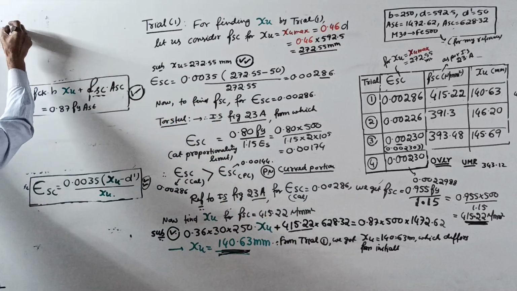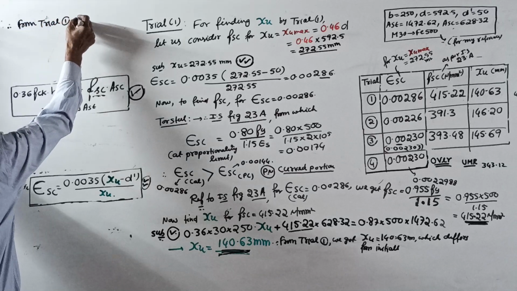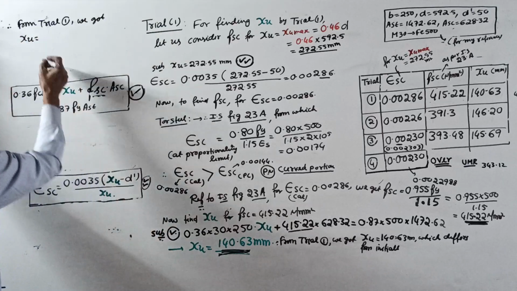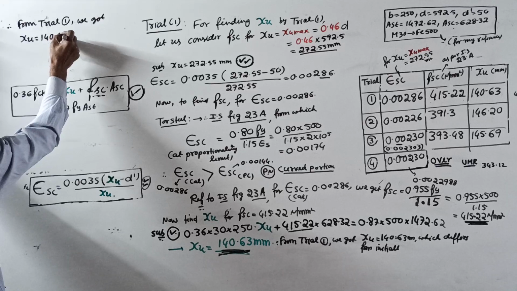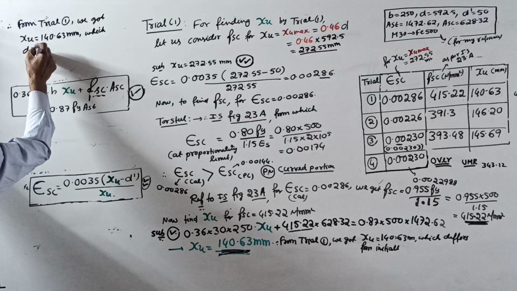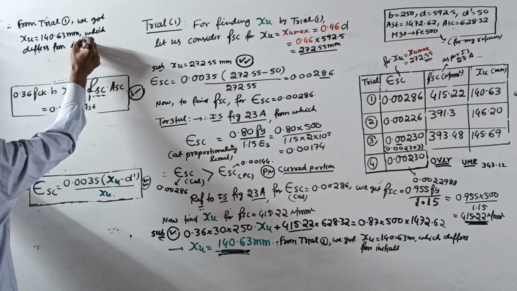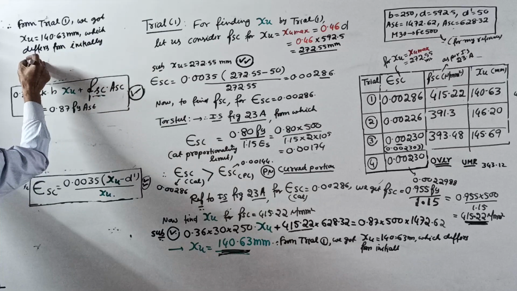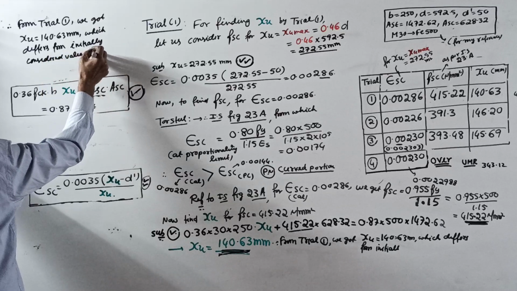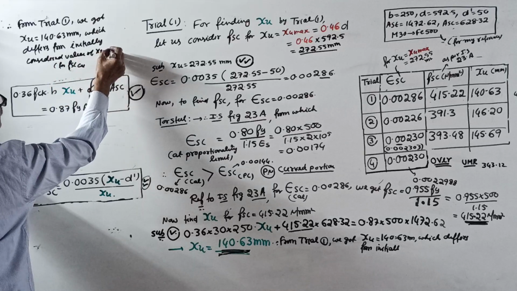Therefore, from trial 1, we got XU equal to 140.63 millimeter, which differs from the initially considered value of XU for FSC calculation. That is how much?